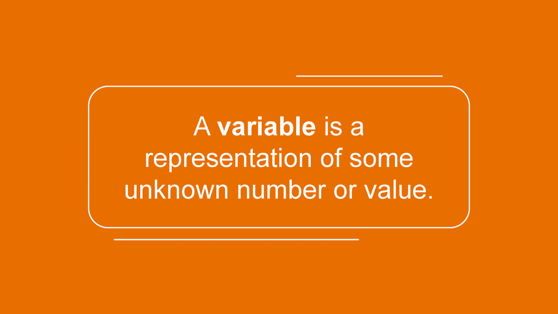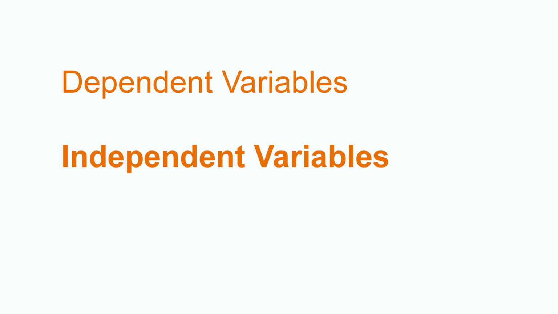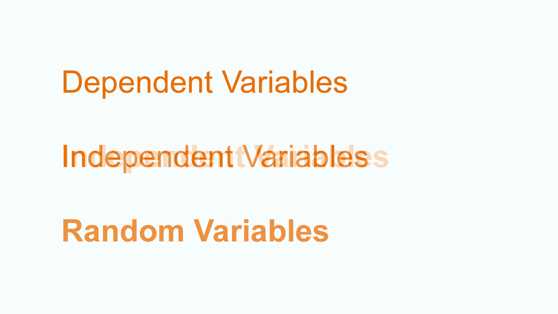Statistics is different. Variables usually represent measurements and can take on many different values, depending on the result of the trial, experiment, or whatever it is you're measuring. You're bound to hear about dependent and independent variables, as well as random variables. Let's take a look.